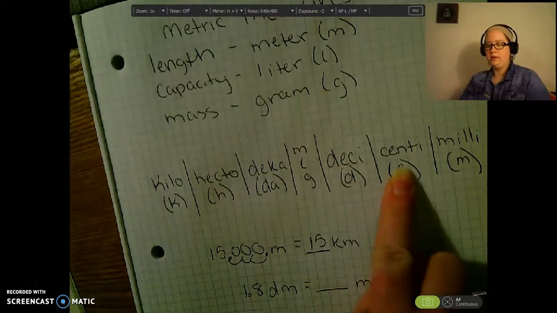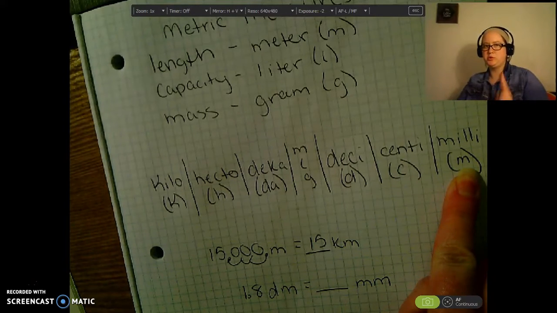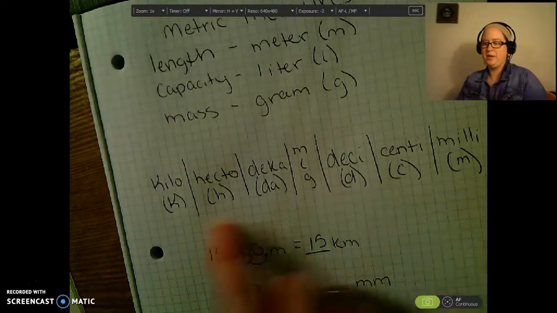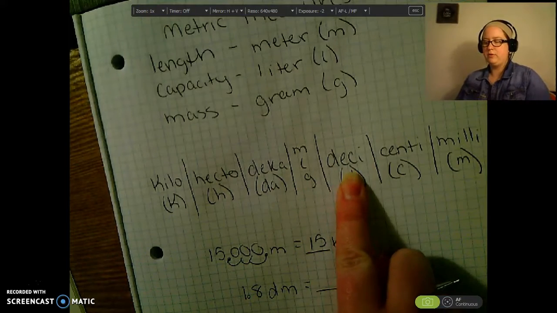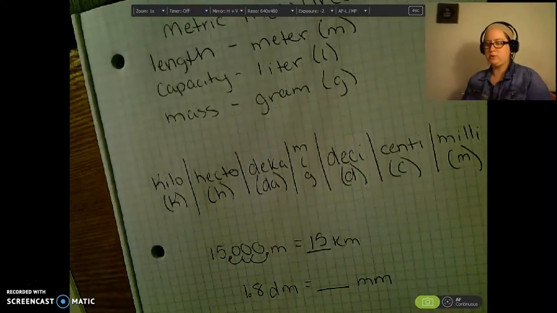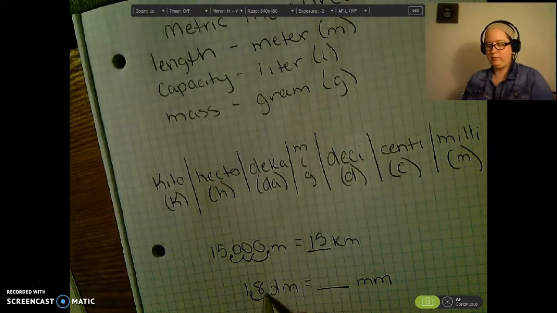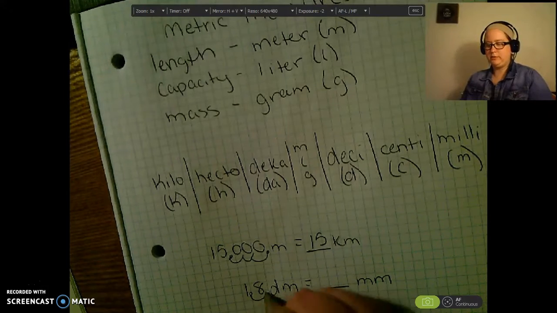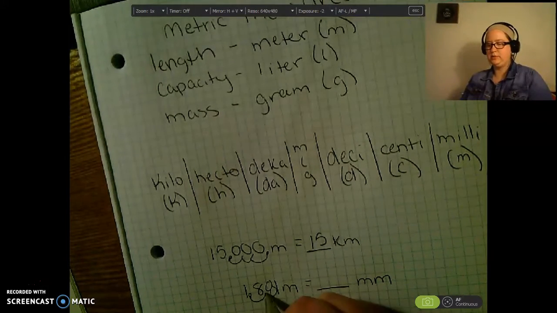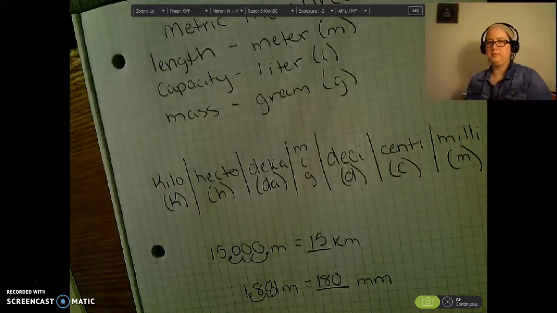We're going to go 1, 2, so we're going to move our decimal point two spots, and we're moving to the right. If we start here, move it over once, we're out of places, so we have to add a 0, and move it again. So we have 180 millimeters.